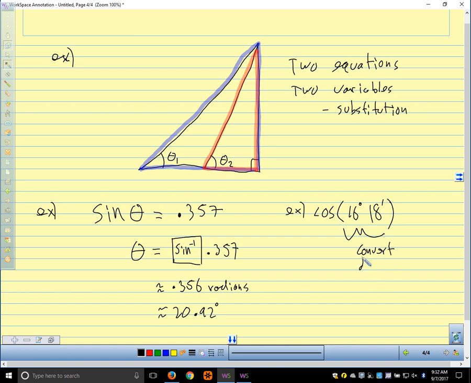Convert this to a decimal using your second apps, your angle menu. So convert that angle to a decimal first and then find the cosine. Otherwise I think your calculator doesn't like it. So when you see those degrees, minutes, seconds, convert it to a decimal and then work with it. I think there are a couple of problems where they give you the angle in degrees, minutes, seconds. Just to remind you that you can do that in your calculator.